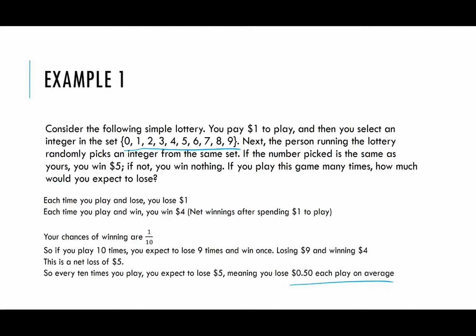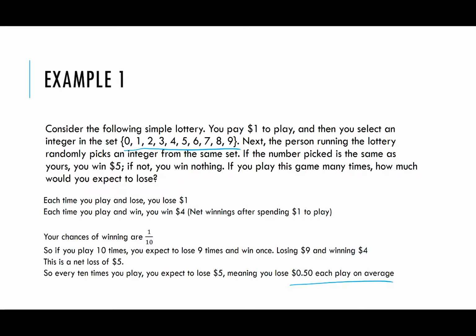So if you're a lottery company or a lottery business, so to speak, although it's not really a business, let's say you have 1,000 people who come to play your lottery. Then you're expecting, because they're going to lose 50 cents roughly each time they play, you're going to win 50 cents roughly each time they play.